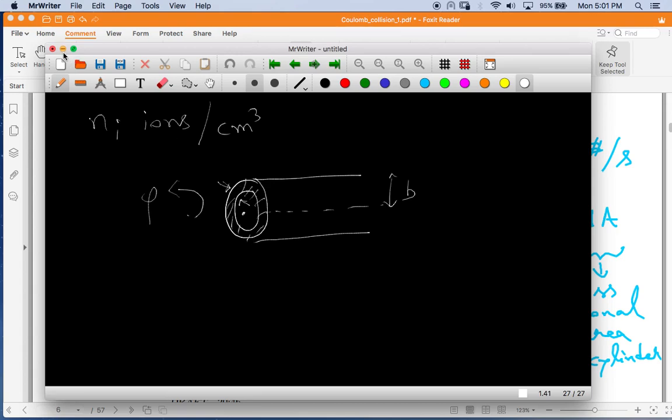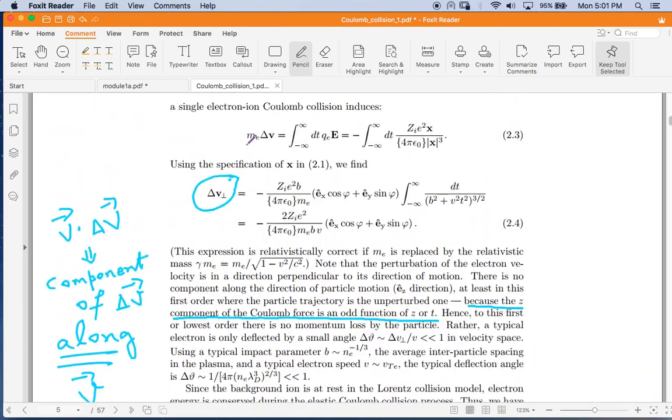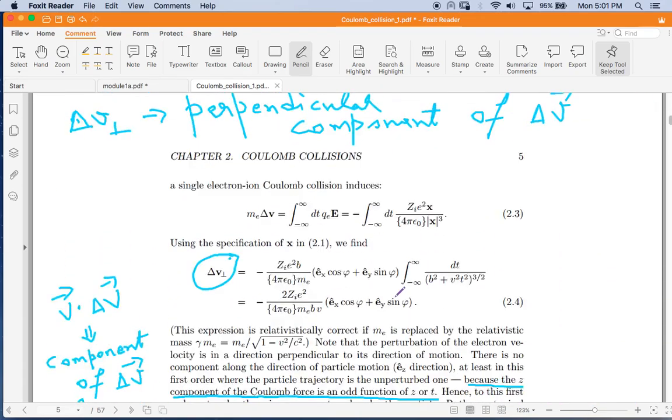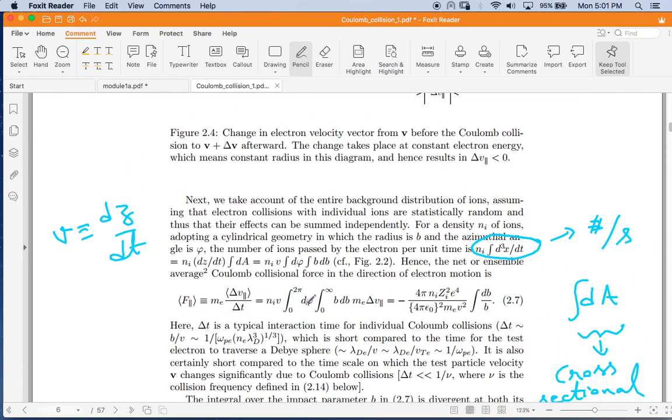And dz dt is the v by definition, because the ion is zipping past in the z direction. So the dz dt is replaced by the v, and that's where this v comes from.